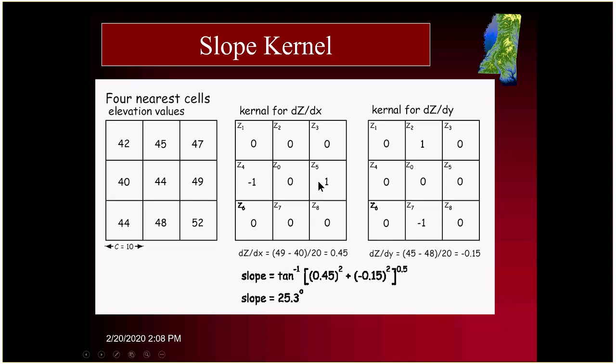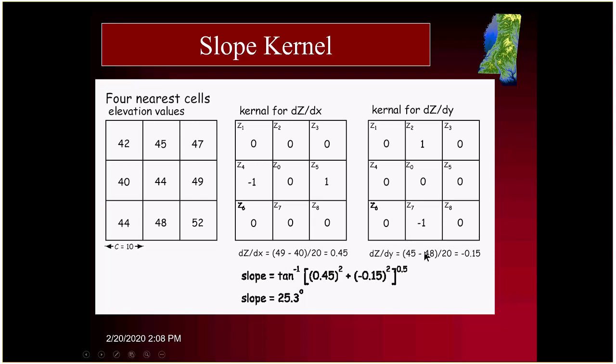How far is the center of this cell from the center of that cell? If one cell is 10... 20, exactly. So that's what's happening in this formula. It's the rise, which will be 9, divided by 20. So 9 divided by 20 is 0.45.